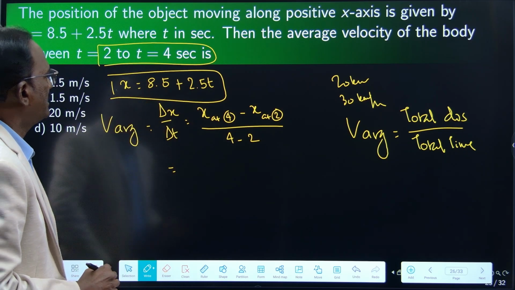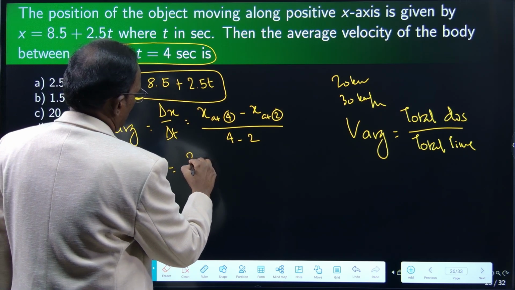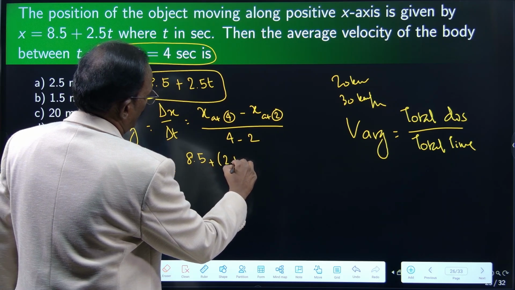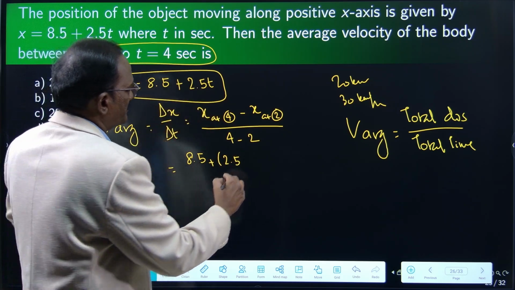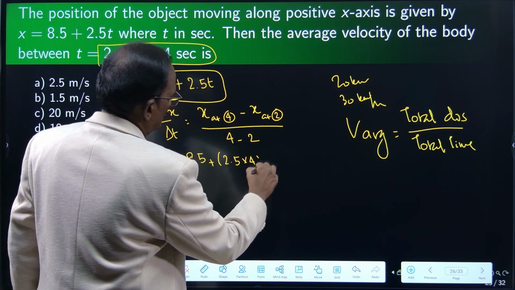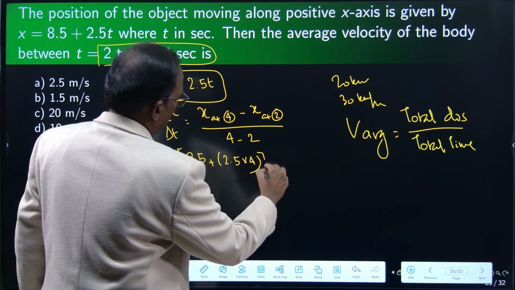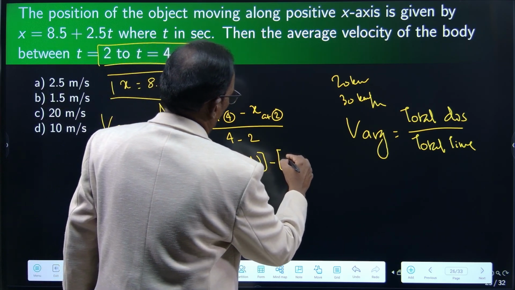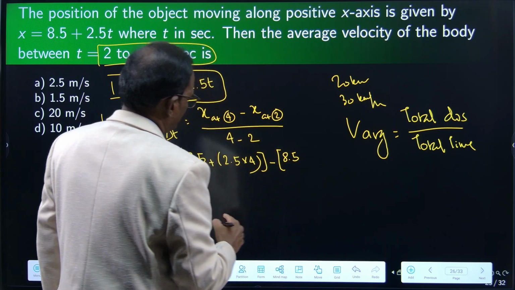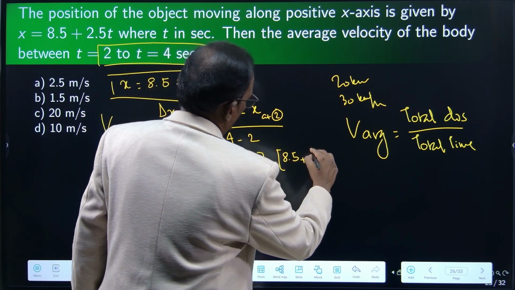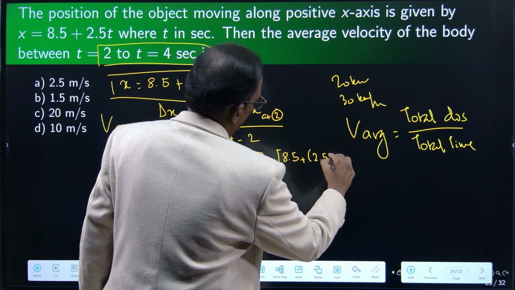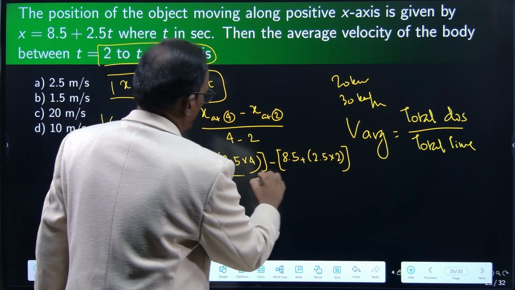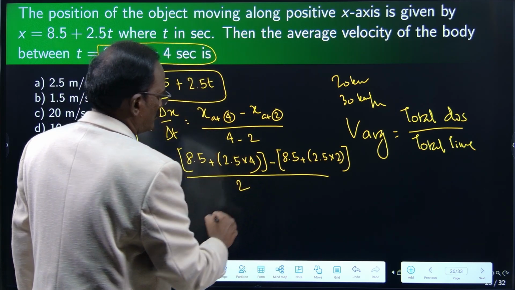Then x is given in an equation, 8.5 plus 2.5t, we will substitute 4. This is final distance minus initial distance: 8.5 plus 2.5 into 2, here time is 2, divided by 4 minus 2, it is 2.